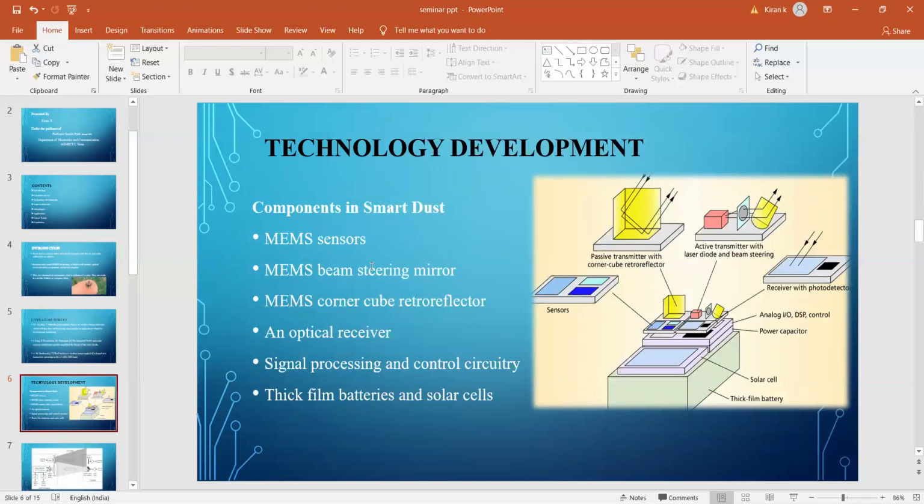But in Smart Dust we require a smart sensor, which not only has the ability to measure the physical quantity, but can also decide whether the data is useful or not, that is, it has decision making ability.